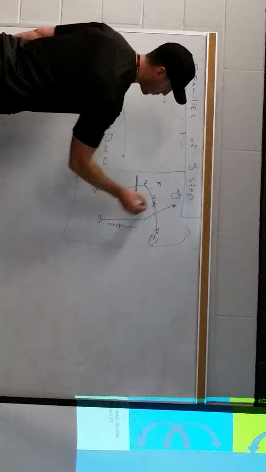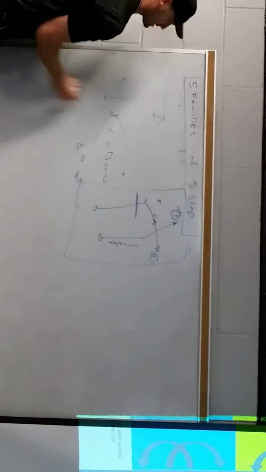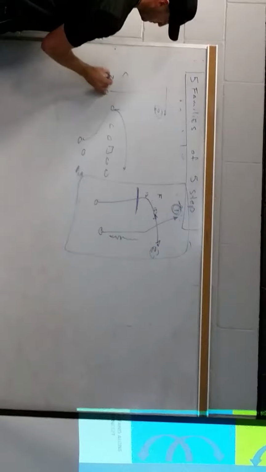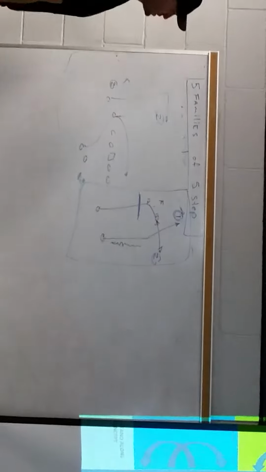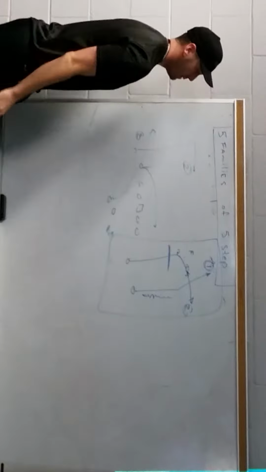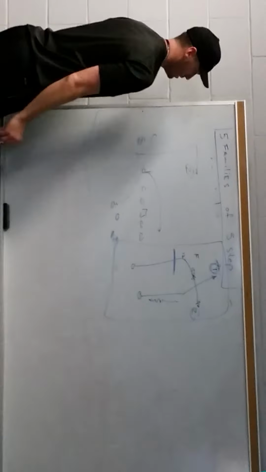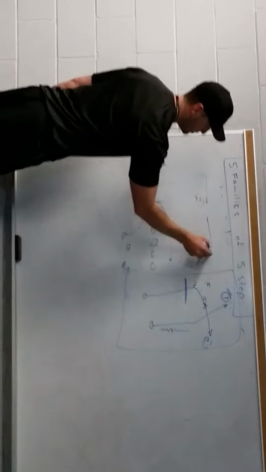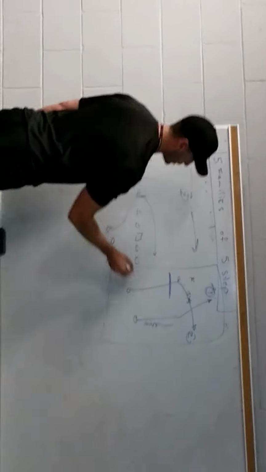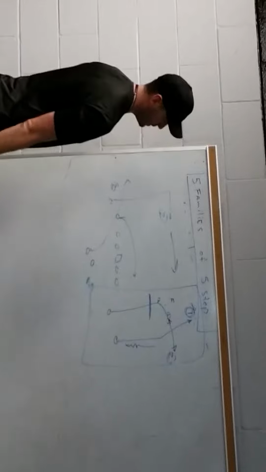If he sees a hard corner, he's still going to look at the rhythm as a look off, and now we're going to come backside to the read dig, and then we're going to use our check down as the rush here. That takes him the opposite way to the boundary if he sees the corner capping that flood concept to the field. So if we're getting rotation or a hard corner look, that's what takes us backside to our dig and our check down in that concept.